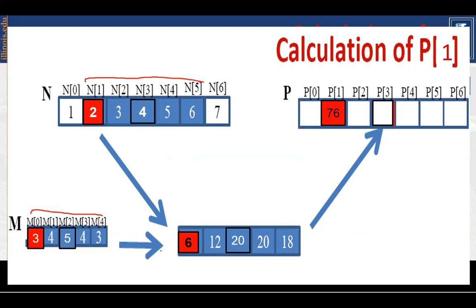The calculations are 3 into 2, 6, 3 into 4 is 12, and similarly all these numbers, we take the sum. Then we put the sum in the next position, because now our filter start has been placed at N1. So the result of this calculation will be put in P1.